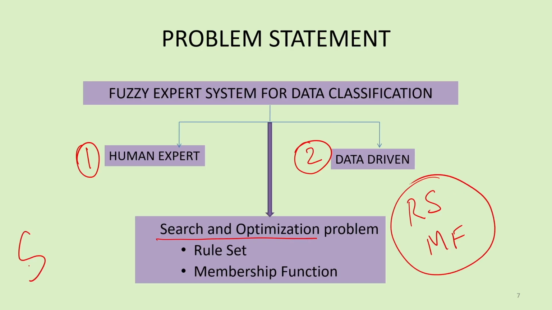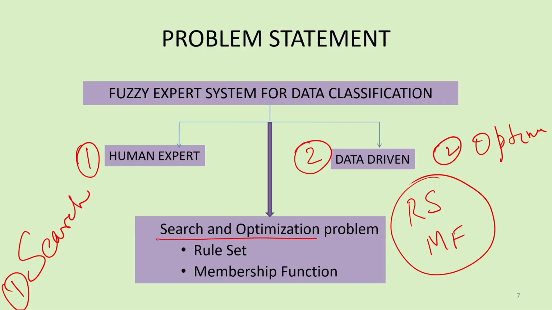So first it will search, and then it will try to optimize. It will explore the possible rule set combinations and possible membership function shapes, sizes, and as many linguistic terms as needed, and then it tries to optimize them based on the classification performance. So this is what the problem statement is all about when you want to design a fuzzy expert system for a data classifier model.